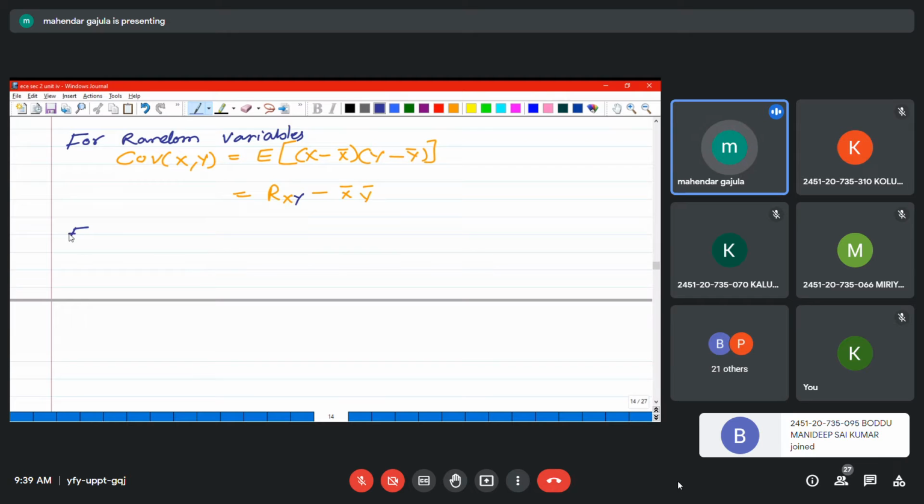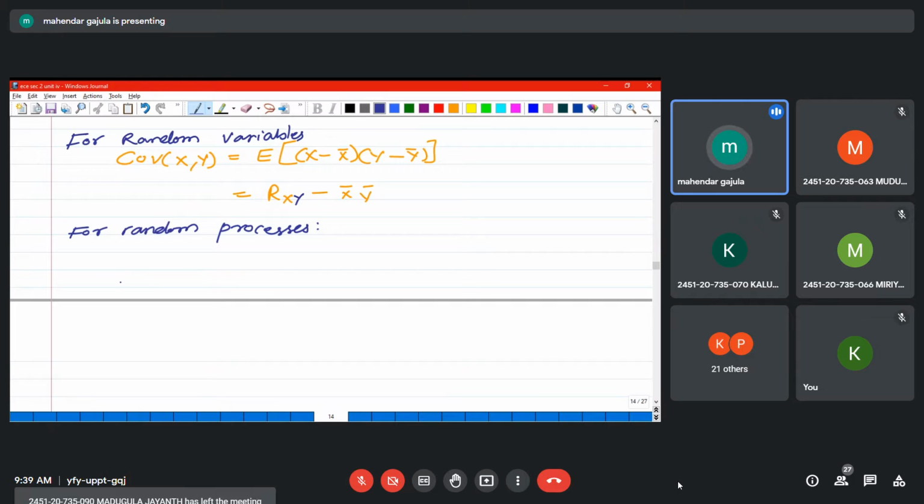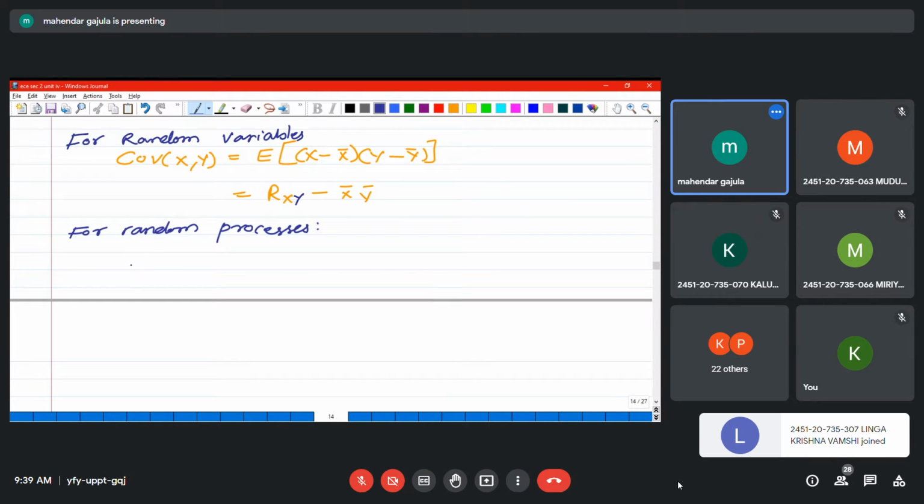And for random processes, how do we have to extend this formula? We should include time.